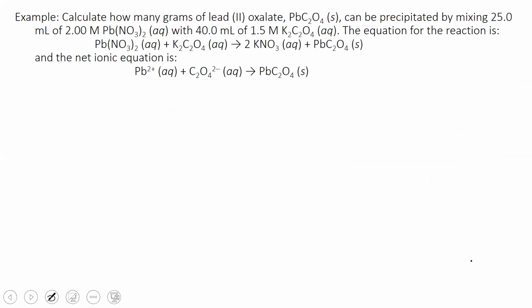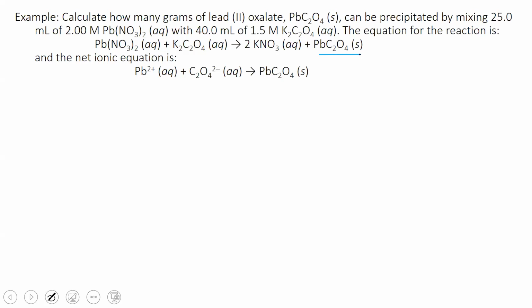Oxalate doesn't actually come in our specific list of solubility rules, but you can see from this equation that oxalate tends to be a polyatomic ion that is insoluble in many cases, at least with +2 ions generally.